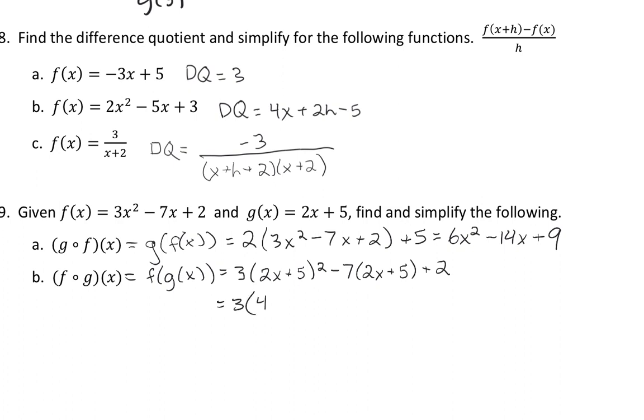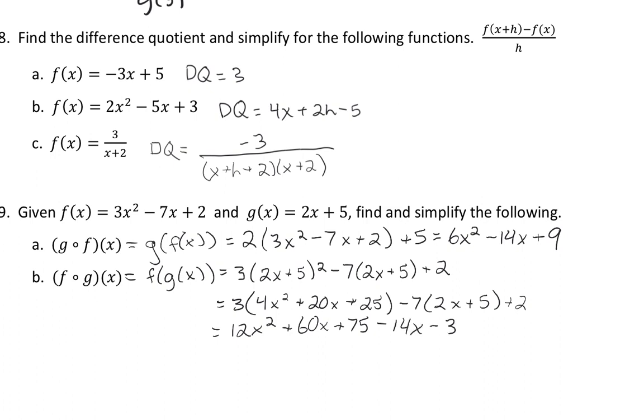This is going to be 4x squared plus 20x plus 25, and then minus 7 times (2x plus 5) plus 2. And so this will be 12x squared plus 60x plus 75, minus 14x minus 35 plus 2.